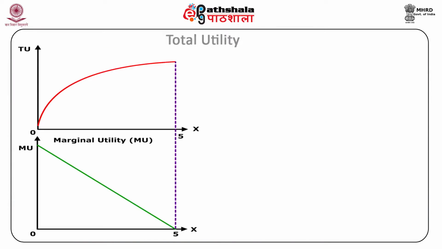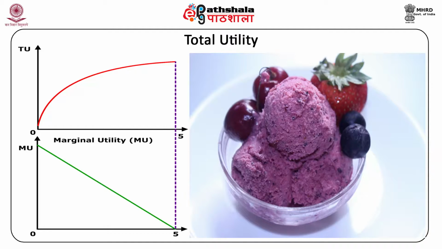This can be clearly explained with the help of a diagram. As more and more of a good is consumed in a given period, we expect that the total utility will increase at a decreasing rate. Hence, the shape of the curve observed in the top panel of figure 1.